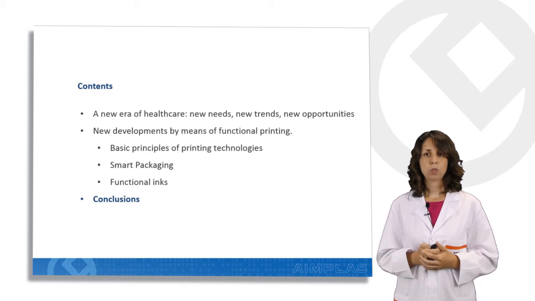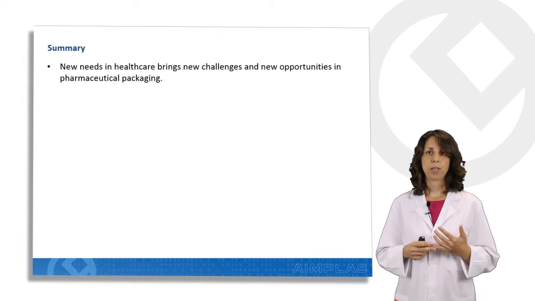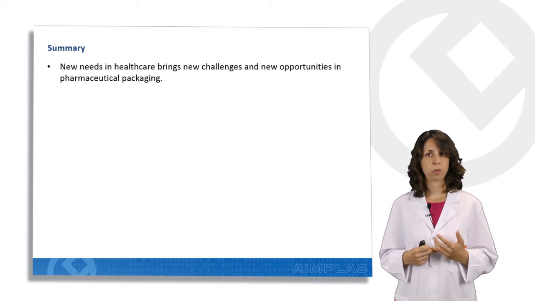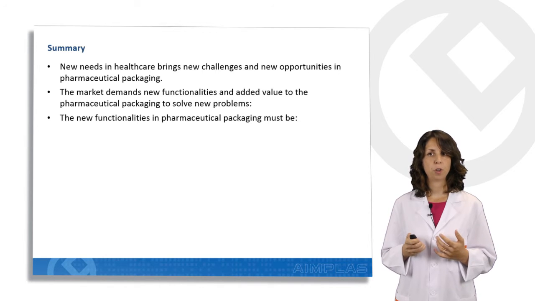Finally, we are going to review the main conclusions we can consider. New needs in healthcare bring new challenges and new opportunities in pharmaceutical packaging. The market demands new functionalities and added value for the packaging to solve new problems.